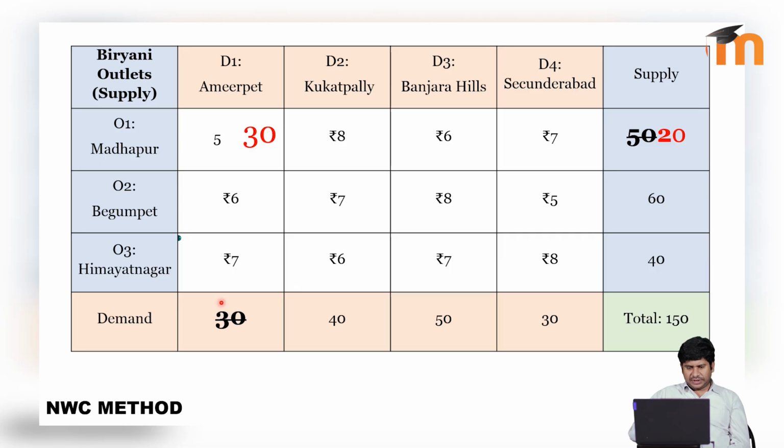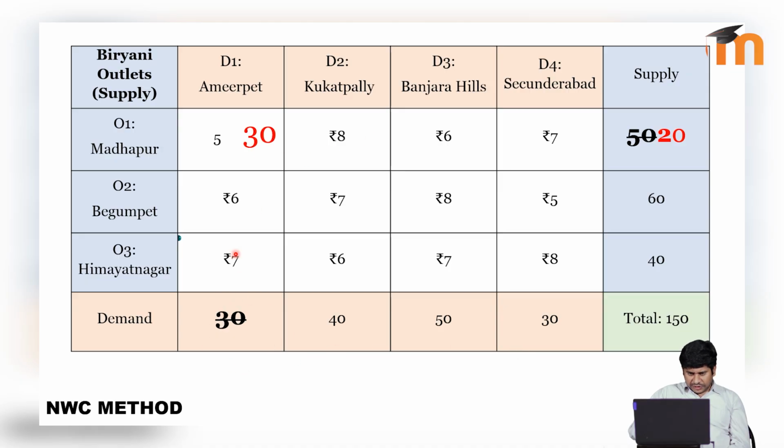Please check these two numbers and subtract the least value from the highest value. Here the least value is 30 and the highest value is 50. Subtract 50 minus 30 is equal to 20. Now we put this least value among 30 and 50 in this corner, that is 30. And now this demand value becomes 0.